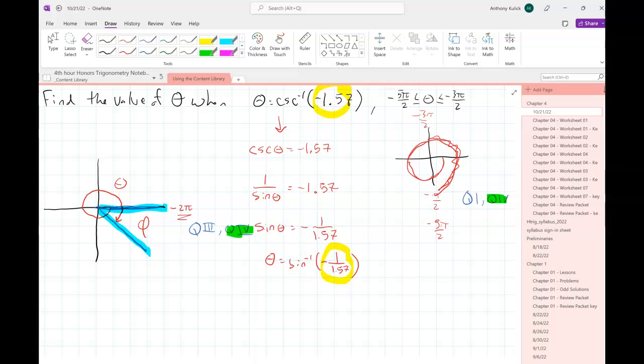It's bigger because negatives, guys, negatives, right? Negative 2 pi is here. This is more negative, right? It's more negative. Everybody agree with that?